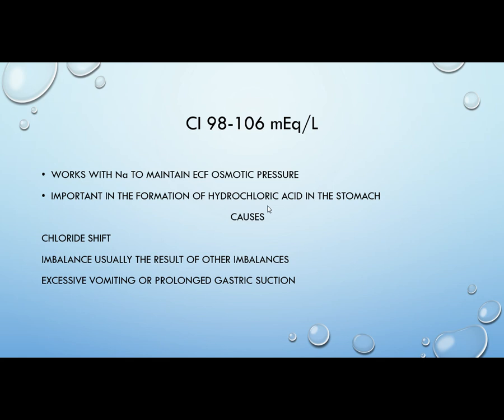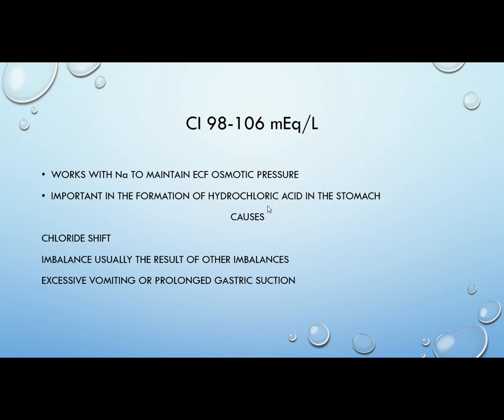What causes complications with this is a chloride shift. Imbalances are usually the result of other imbalances. In other words, because your sodium's down, your chloride goes down too. Excessive vomiting or prolonged gastric suctioning can also cause it.